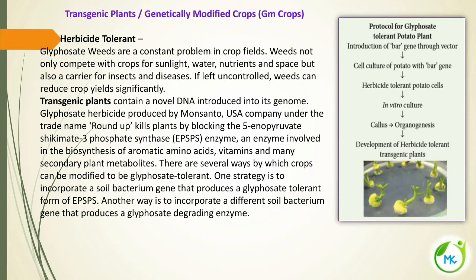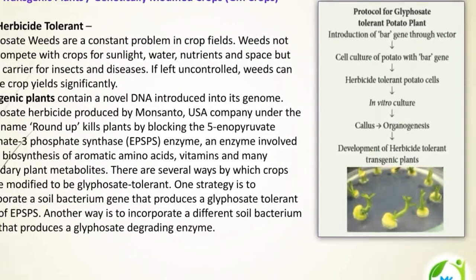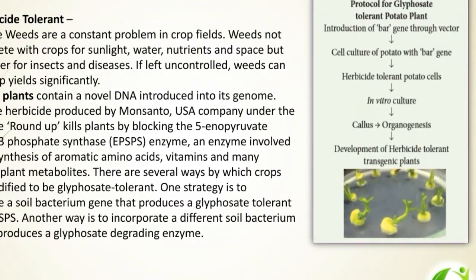Let's see the protocol. How are they making this glyphosate tolerant potato plant? They introduce a gene called the BAR gene. This BAR gene is introduced by means of a vector into the cell culture of potato. Because of this BAR gene, the potato plant is made herbicide tolerant.